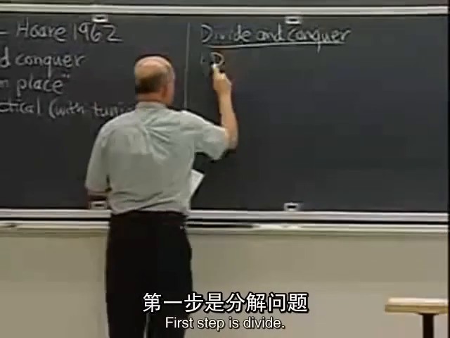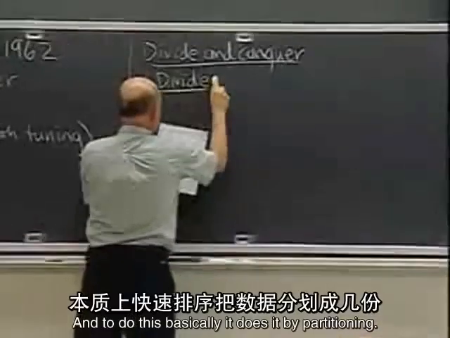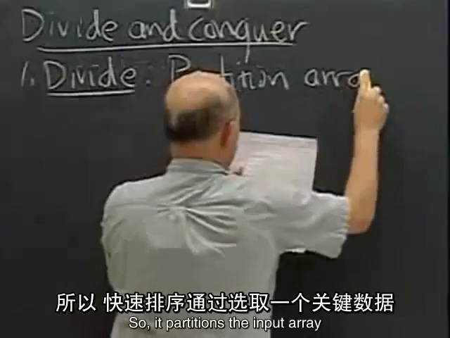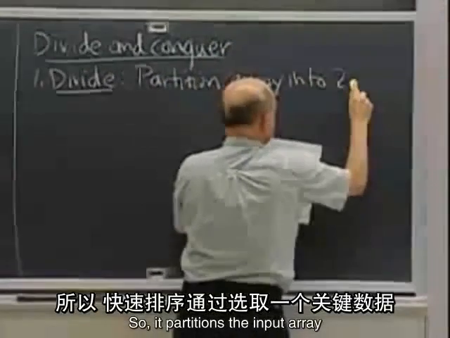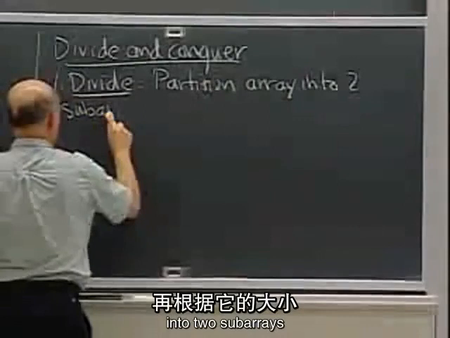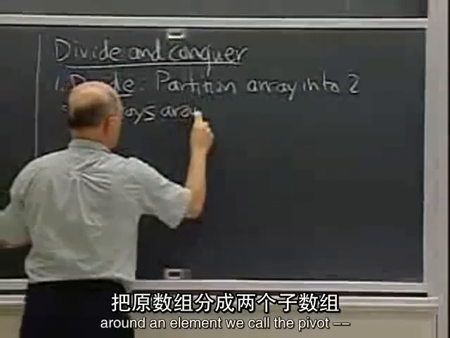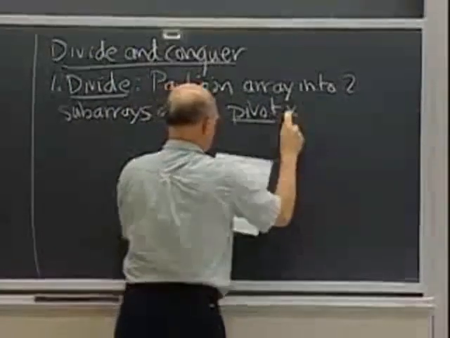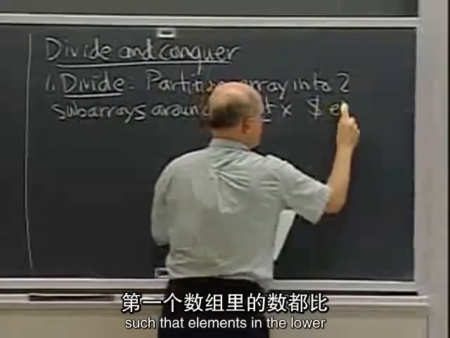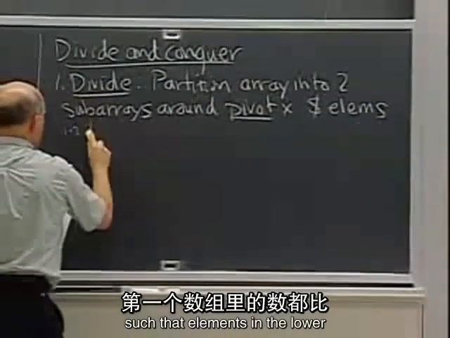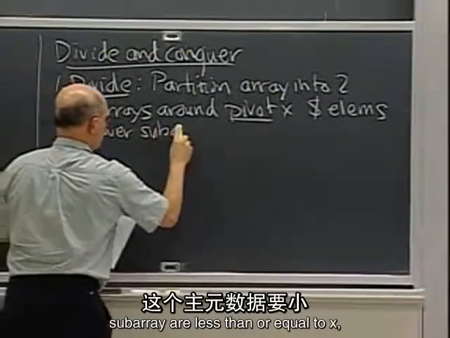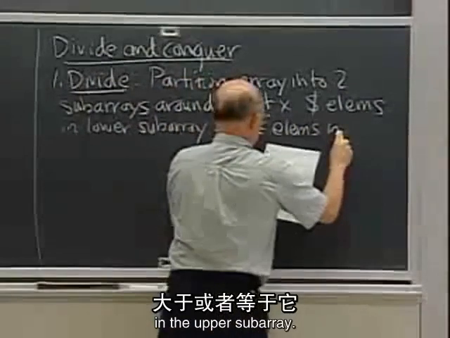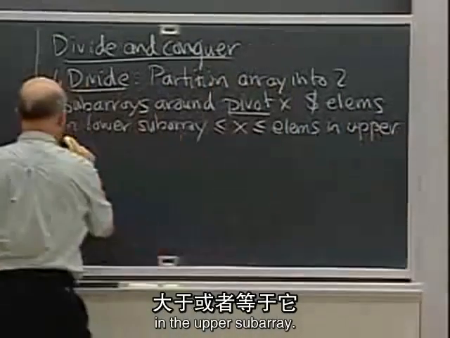And so the first step is divide. And to do this, basically, it does it by partitioning. So it partitions the input array into two subarrays around an element we call the pivot, such that elements in the lower subarray are less than or equal to x, which is less than or equal to elements in the upper subarray.